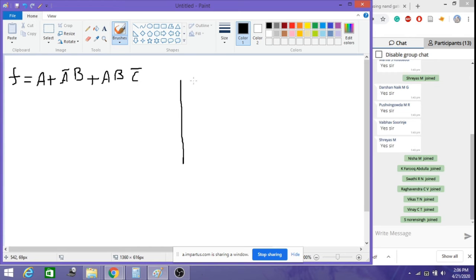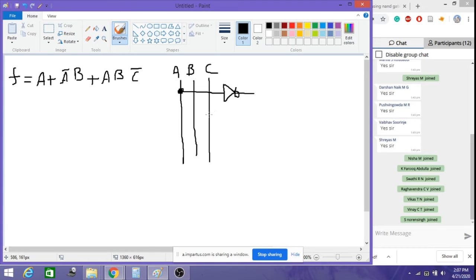I'll take the lines here and call them A, B, C, and I'll put a thick dot so that it shows the connection. I'll apply a NOT gate here, so that is A bar.